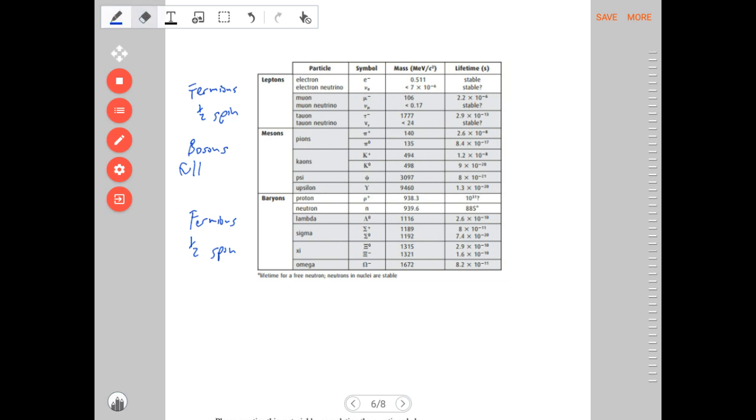Now remember the whole point: leptons have no strong nuclear force, whereas mesons and baryons have the strong nuclear force.